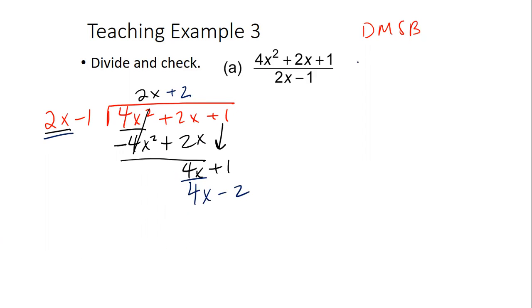Then I'm going to subtract. Subtracting means I'm changing the signs. This eliminates, and I'm left with 3. Is there anything to bring down? No. So this guy is my remainder. And therefore my remainder is 3 over 2x minus 1.